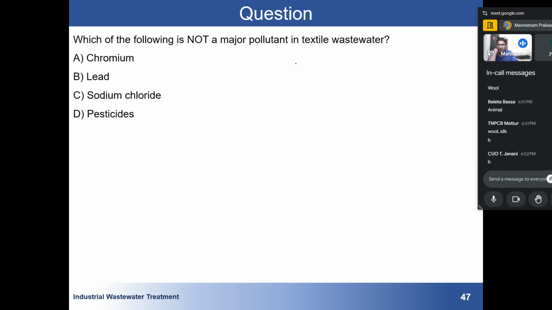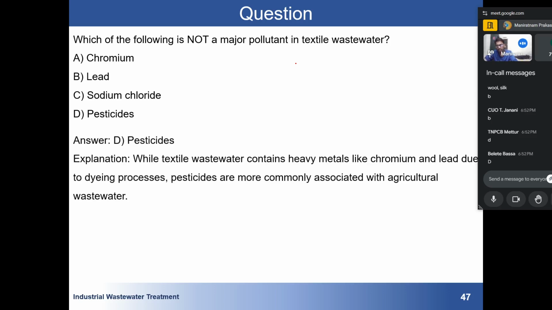Which of the following is not a major pollutant in the textile industry? We got D, pesticide.